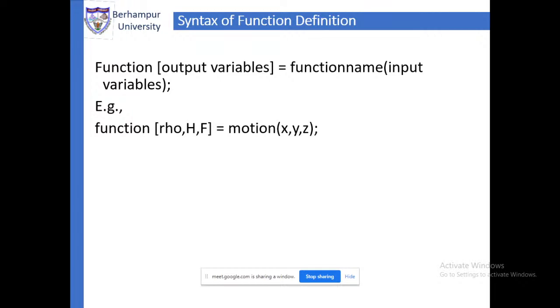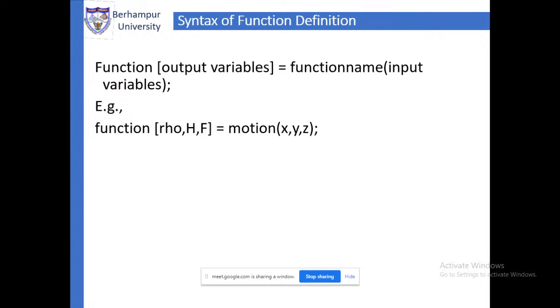Motion is the name of the function. x, y, z are the input variables to the function. So if you give as input x, y and z, the function motion will give you output as rho, h and f. So this is how you define it: function [rho, h, f] is equal to motion(x, y, z).